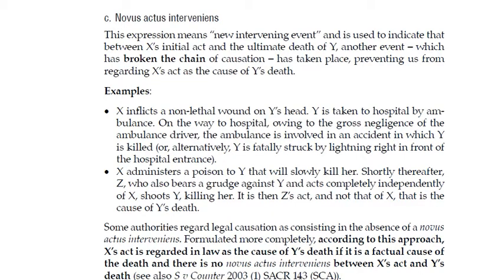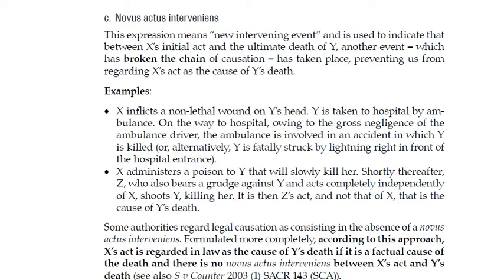Then on their way to the hospital, let's say they're in an ambulance, that ambulance gets into a very tragic accident, and that person dies. That person wasn't killed by you, but by the accident that has taken place.